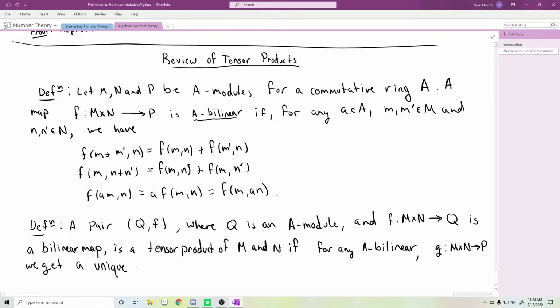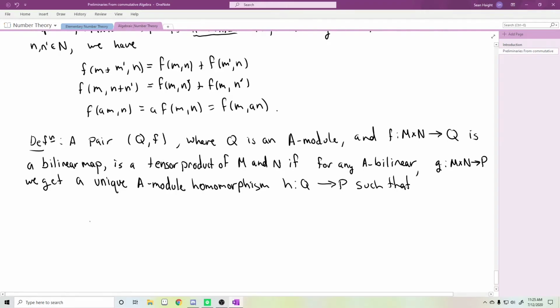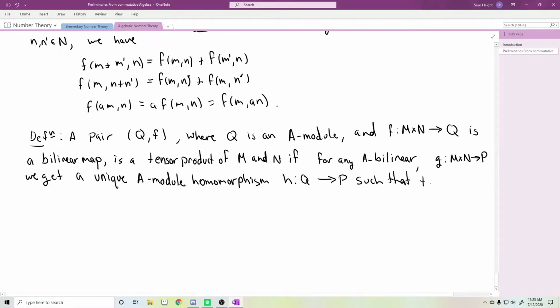We get a unique A-module homomorphism H from Q to P such that the following diagram commutes.